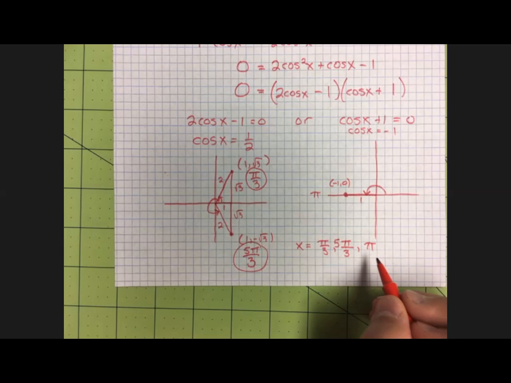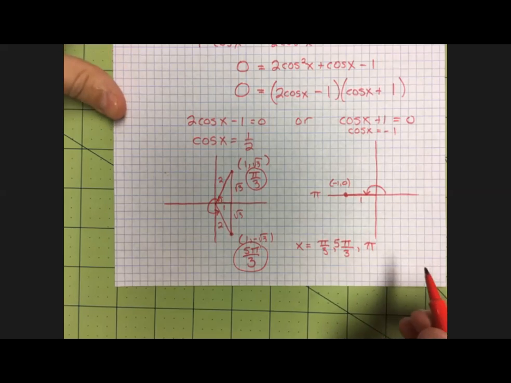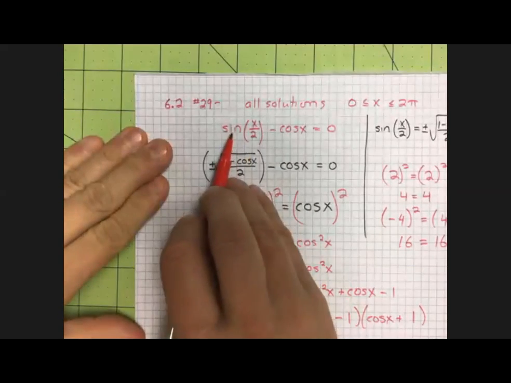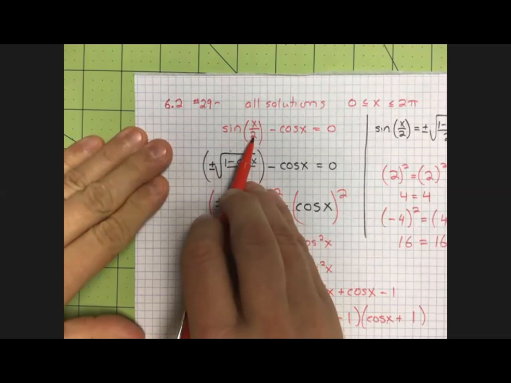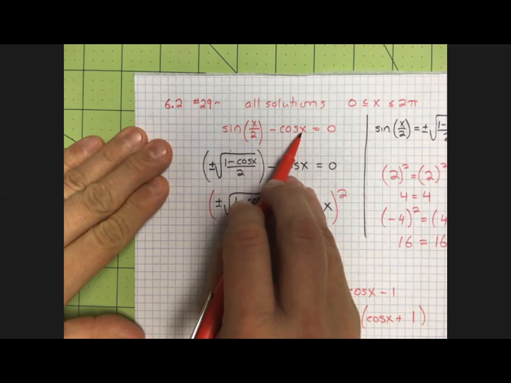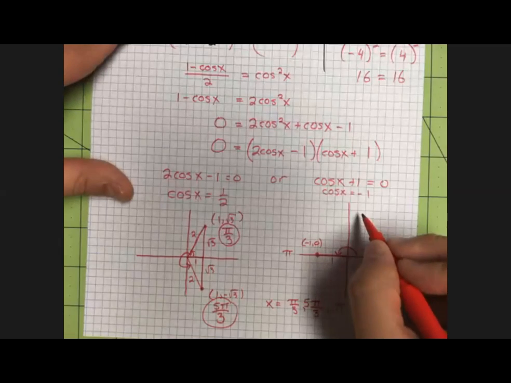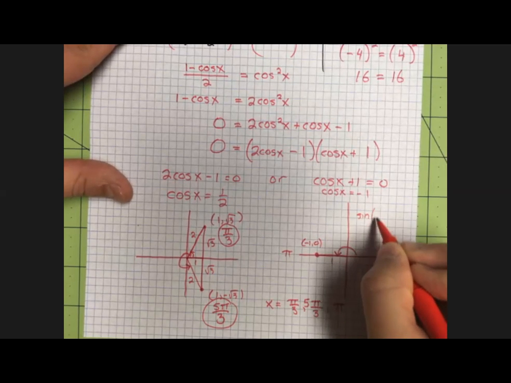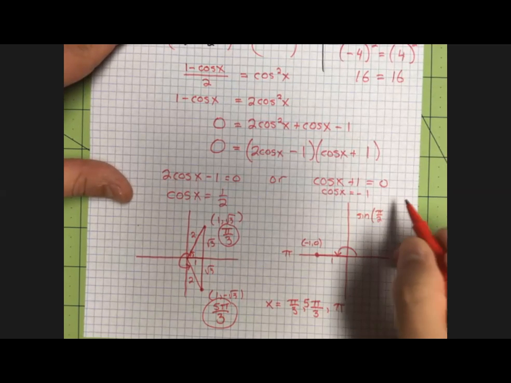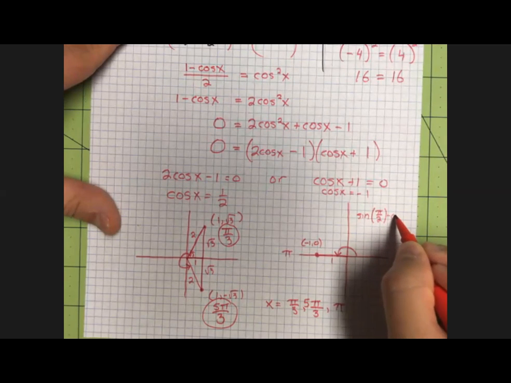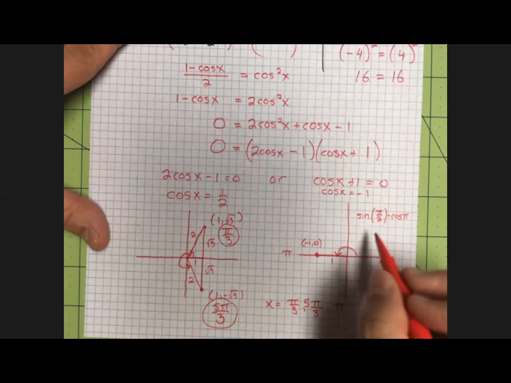I'm a little bit nervous about these, so I'm going to test them out. For example, at pi, what is the sine of pi over 2 minus the cosine of pi?